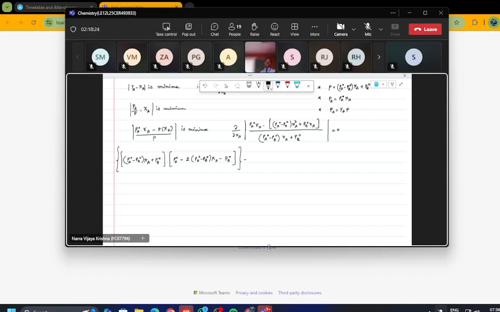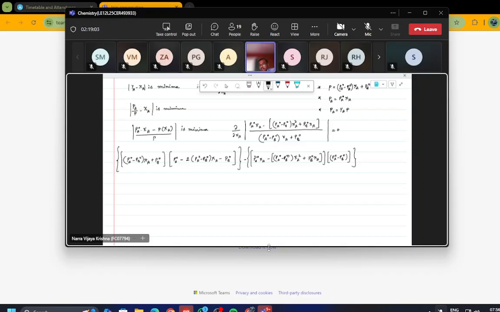Correct or not? So this whole thing minus Pa naught into Xa minus Pa naught minus Pb naught into Xa square plus Pb naught into Xa, into differentiation of this, Pa naught minus Pb naught plus 0, whole divided by P square equal to 0.